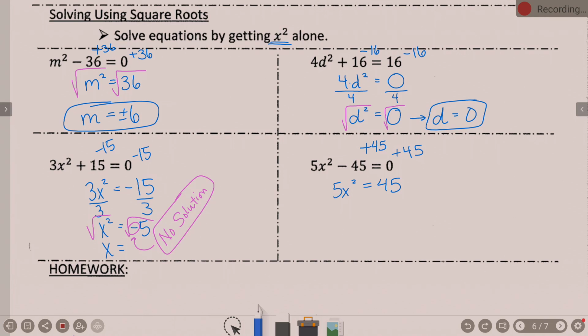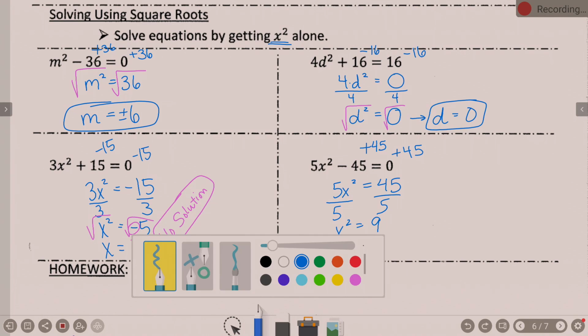If it's 5x squared equals 45, not yet taking the square root, we divide by 5 first so that it's just x squared. 45 divided by 5 is 9. Now, since it's x squared equals 9, we're going to square root.